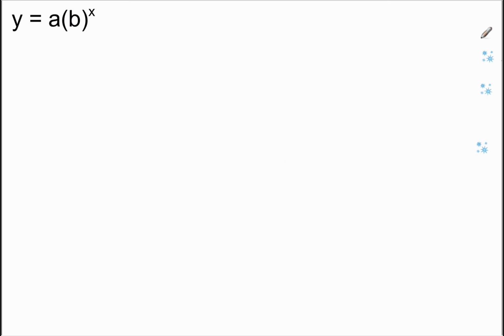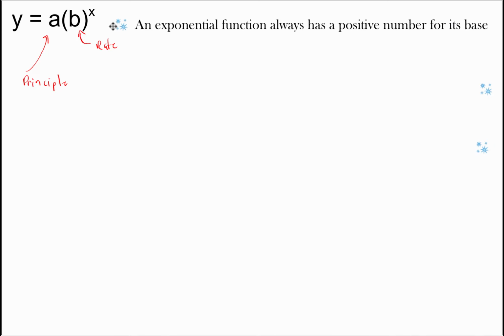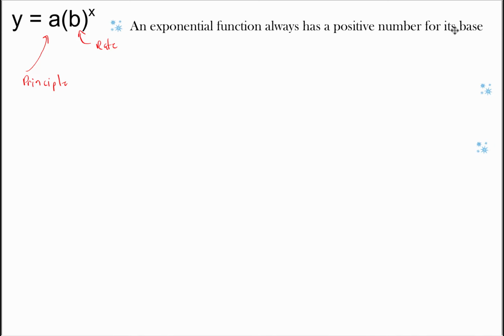So basically, this is what we want you to learn about exponential functions. We have a principal, what we start with, and then we have some kind of rate, and that's what the base is. Now, about that base, it always has a positive number for its base. We saw that we couldn't put a negative there, and likewise, B cannot equal 1.